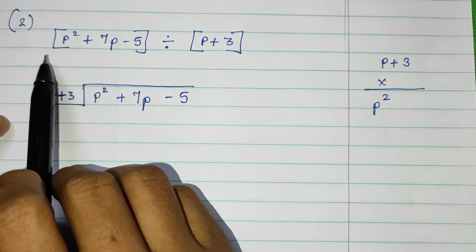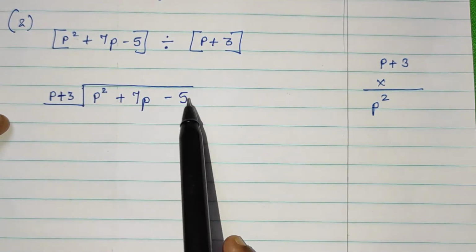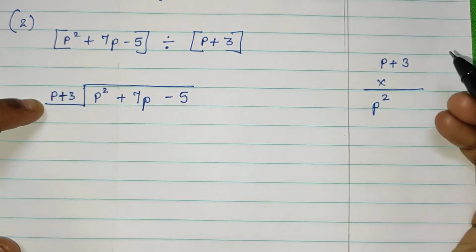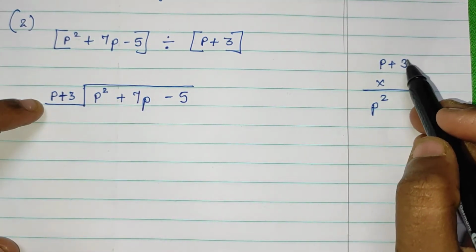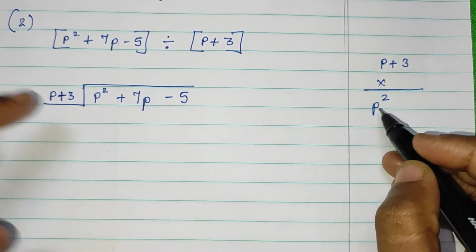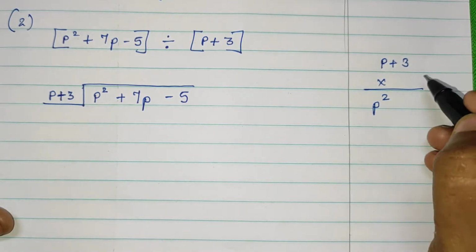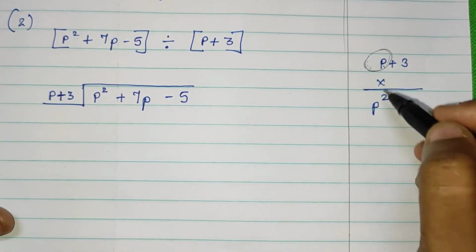Second sum: p squared plus 7p minus 5. So this is the divisor. Copy down this divisor over here and see what your first dividend is. You have p raised to 2, which means p squared. So check how much you need.